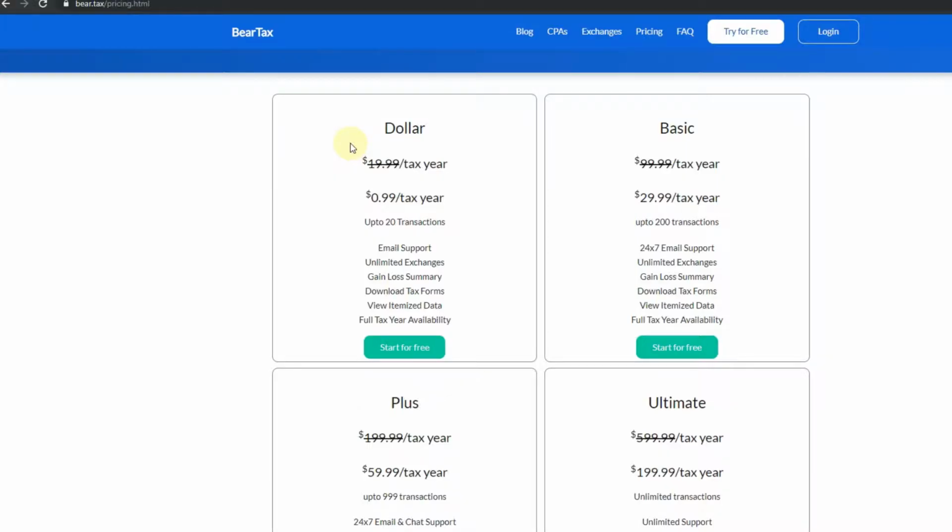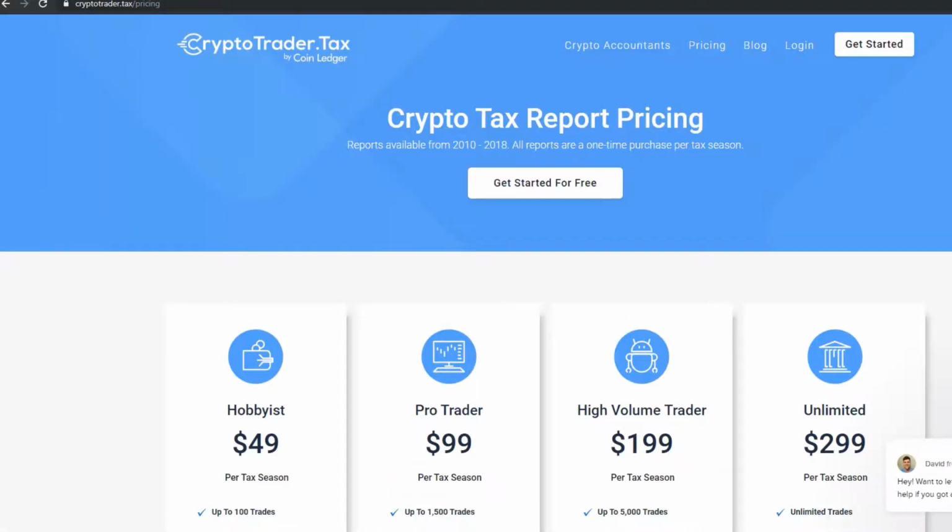I've been looking for comparisons or reviews about Bitcoin or crypto tax, and I found these usually in the top lists. Regarding price, I think they are the most competitive ones, and also regarding options and so on.